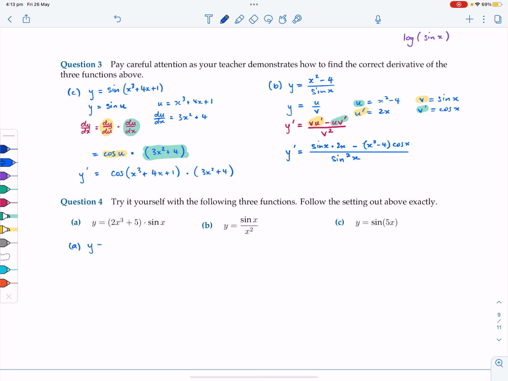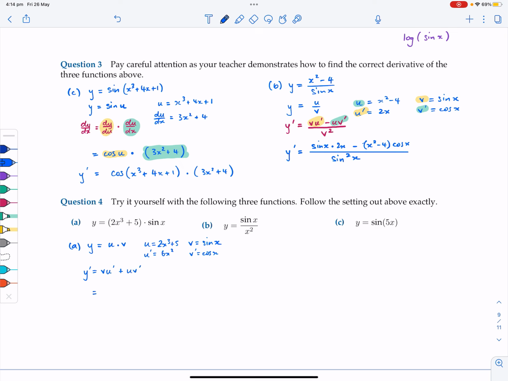So y equals u times v, it's a product. So u equals 2x cubed plus 5, and v equals sine x. u dash is 6x squared, and v dash is cos x.